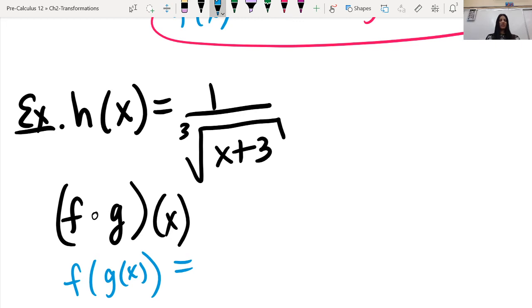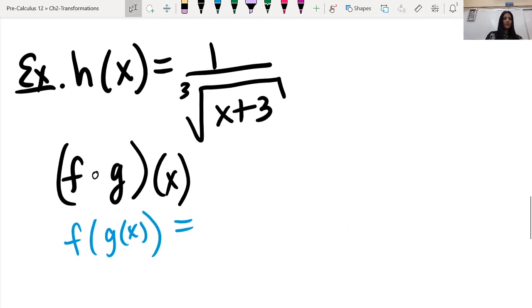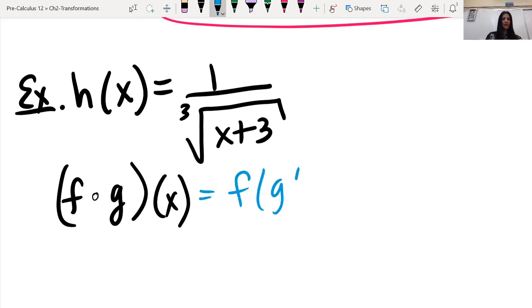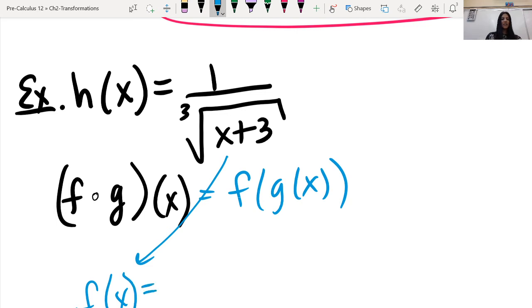So if you were to strip this down into its most basic form, actually I should have put this up here. That is the same thing as saying f of g of x, like this. And then I'm just going to take it and break the whole thing down for you over here. So my f of x, I'm going to say, is 1 over cube root x.